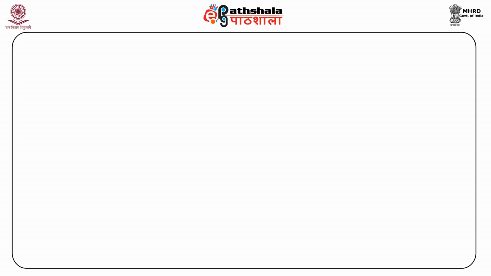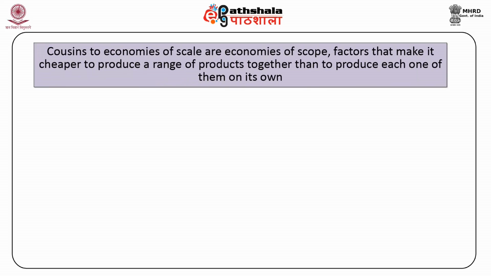Relationship between economies of scale and economies of scope. First cousins to economies of scale are economies of scope, factors that make it cheaper to produce a range of products together than to produce each one of them on their own.